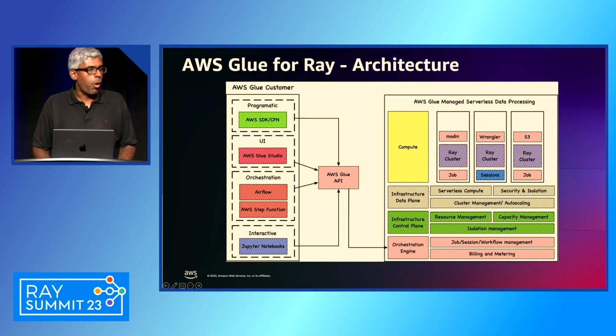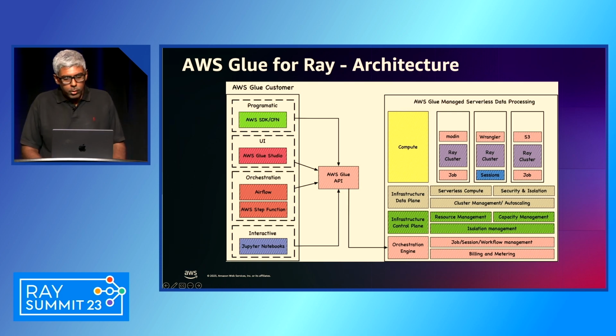The integration points that we offer to customers, on the left-hand side, start with a CLI, a GUI for visual code authoring, and also integration with a lot of orchestration engines like Airflow and Step Functions, ending up with interactive sessions like Jupyter Notebook sessions, or even bringing your own IDE.